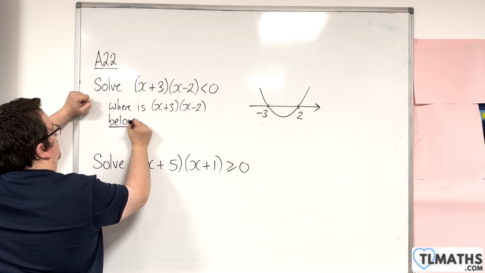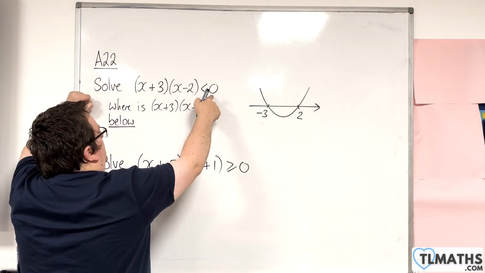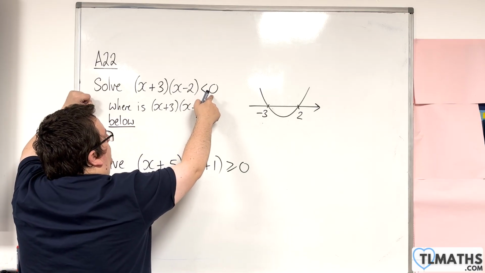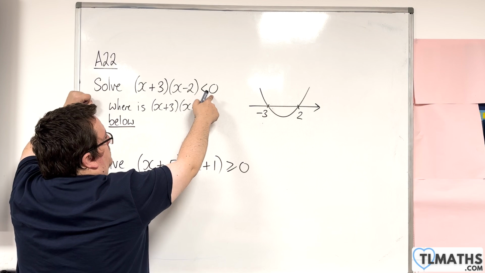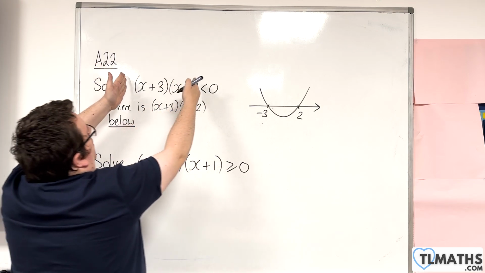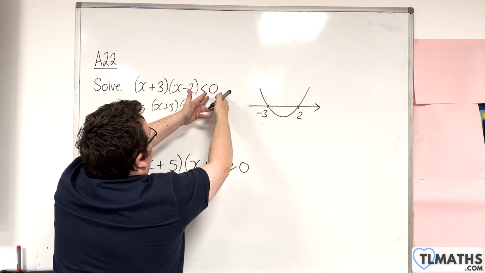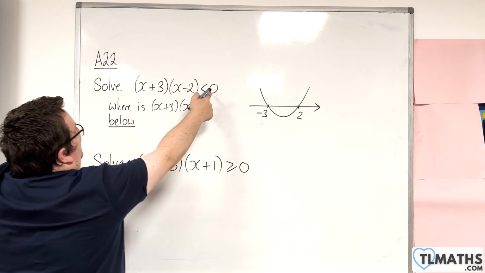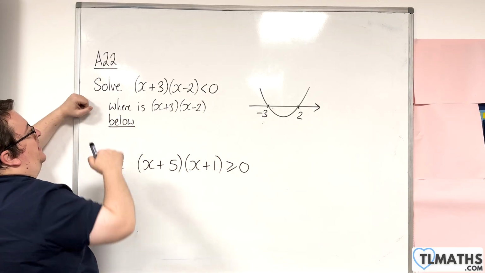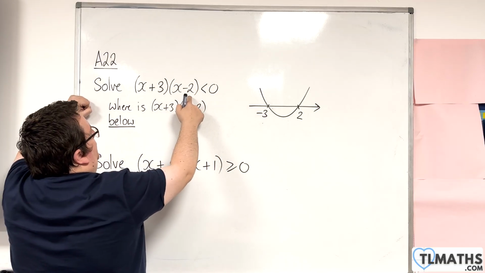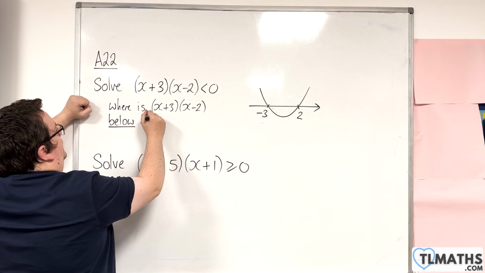So below, and this is the line y = 0. Okay, so you want to consider this as y = that, y = that. So y = 0 is the x-axis. So where is this below the x-axis?